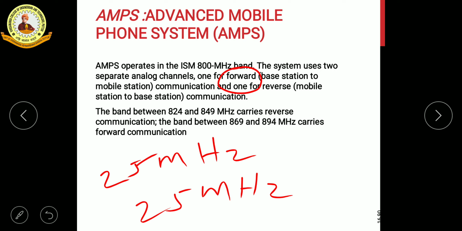So how many users can be connected? You have 25 megahertz forward, 25 megahertz reverse. Now suppose each user uses a 64 kbps channel at a time. How many users can be connected here? 25 megahertz divided by 64 kbps. What is the answer? That will be the number of users this first generation AMPS serves.